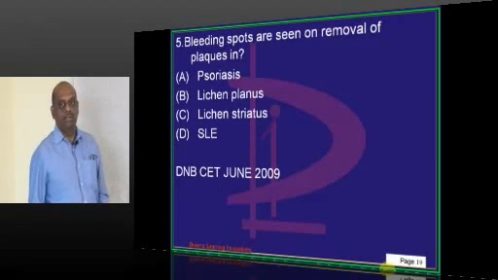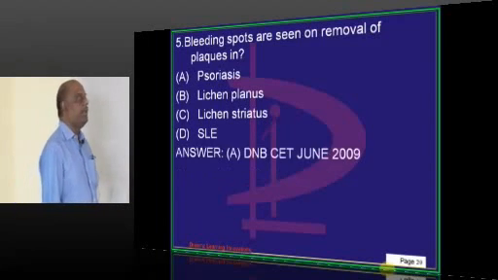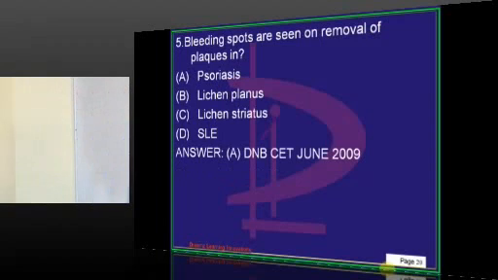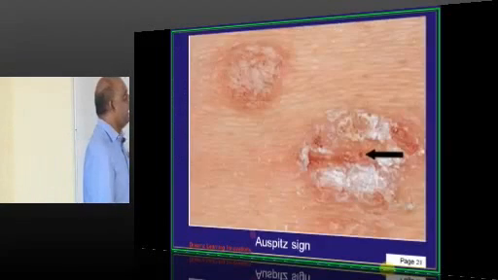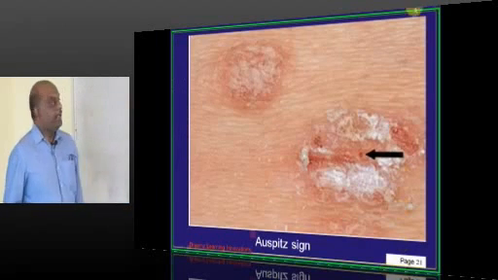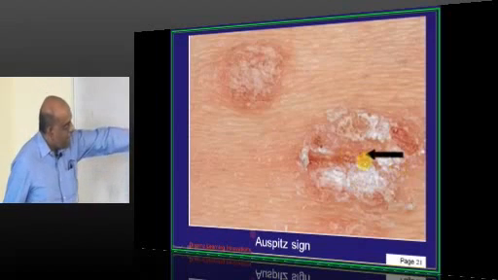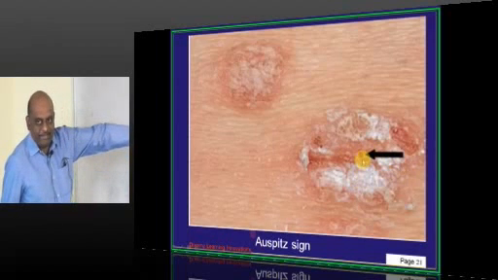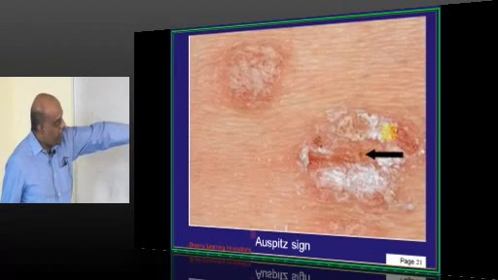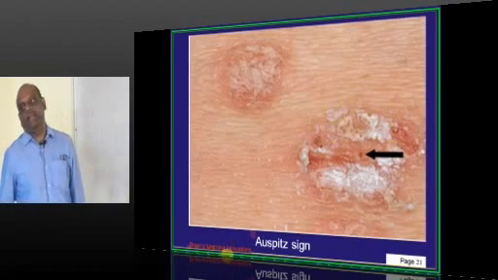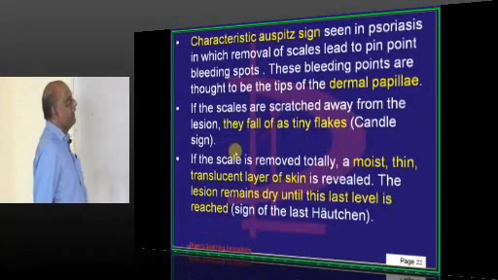Where do you classically see this kind of finding? This is called as Auspitz sign in case of psoriasis, is what you should reflexly answer. See, this is a scale, Doctor. Once you have removed the scale, there is a bleeding point underneath it. Are you able to see that bleeding point? Which is classically called Auspitz sign.